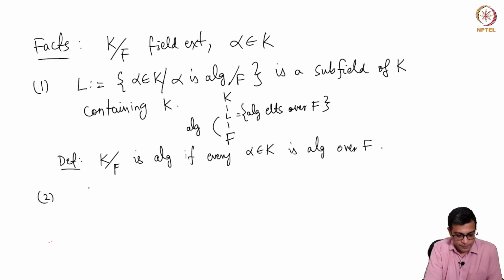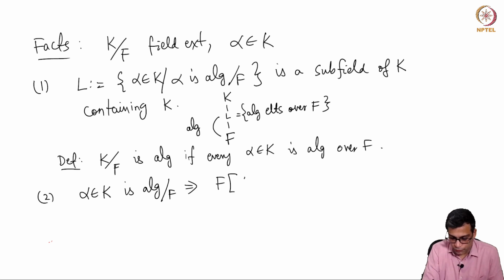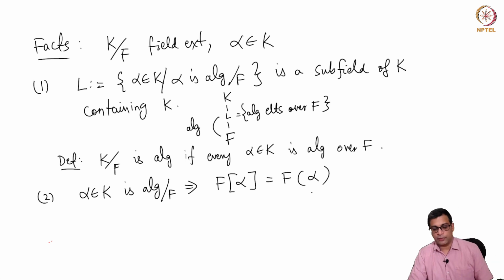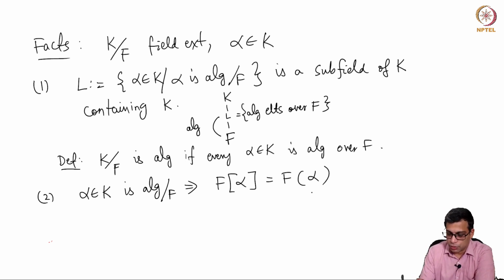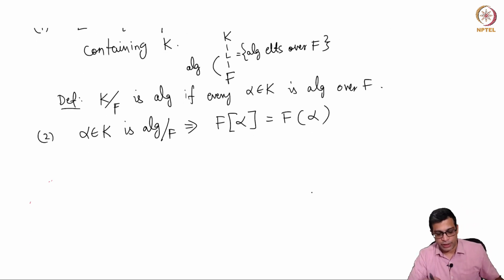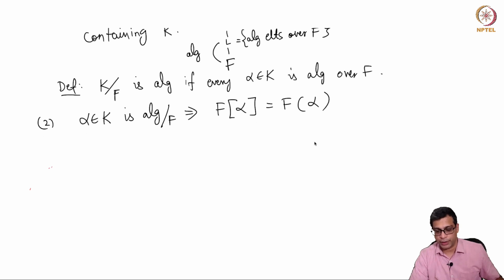Second fact is, if alpha in K is algebraic over F, then the smallest field containing F and alpha is the same as the smallest ring containing F and alpha. Okay, so this is an important fact. So when we are dealing with algebraic elements, we don't distinguish between square bracket and round bracket.